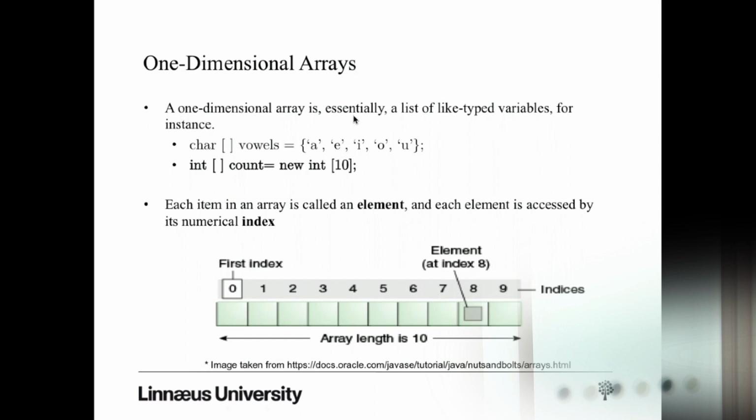Every box, every element of an array has its own unique index value. And that index value always starts with 0. So the first element in an array will have an index value of 0.